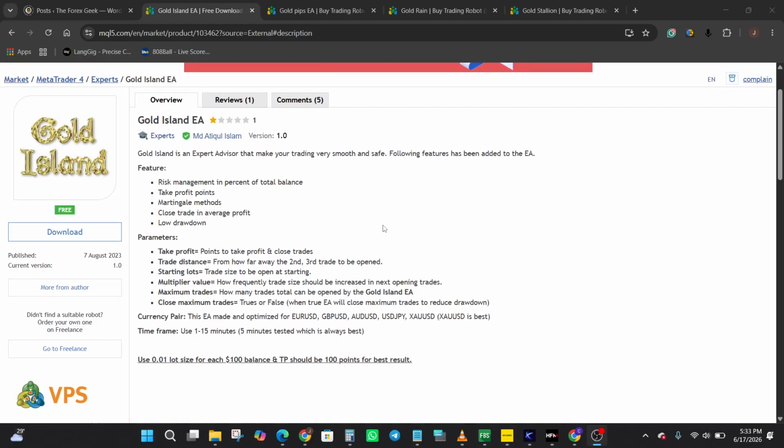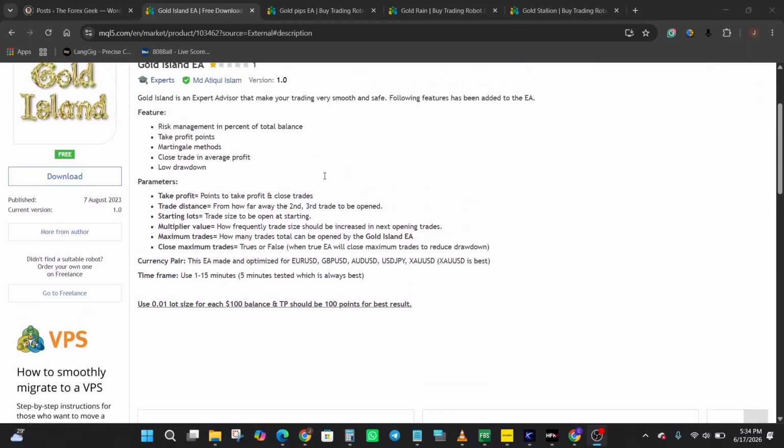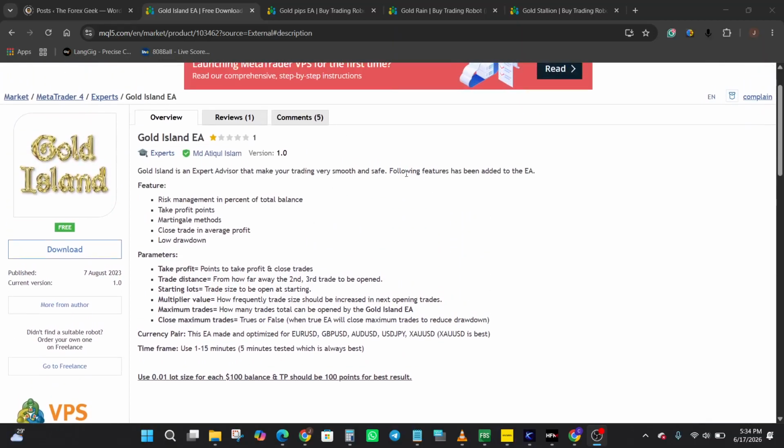Starting with the Marketplace page, Gold Island EA is currently available as a free download and is listed as version 1.0. The developer describes it as an expert advisor designed to make trading smoother while focusing on risk management and drawdown control features.